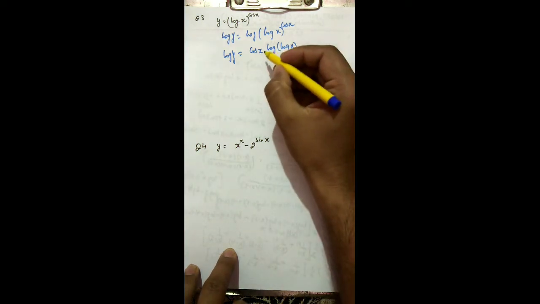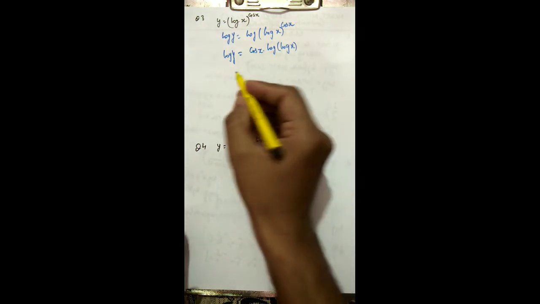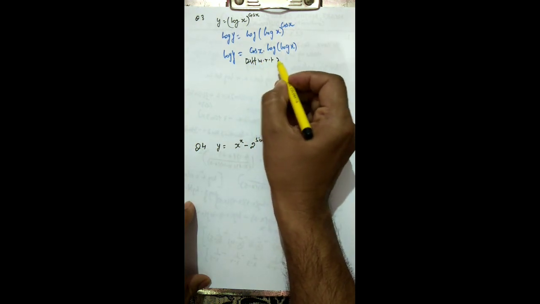Now you can see this is the product of two functions, where for the second function we have to apply the chain rule. So we first apply the product rule, and then the chain rule. We differentiate with respect to x.